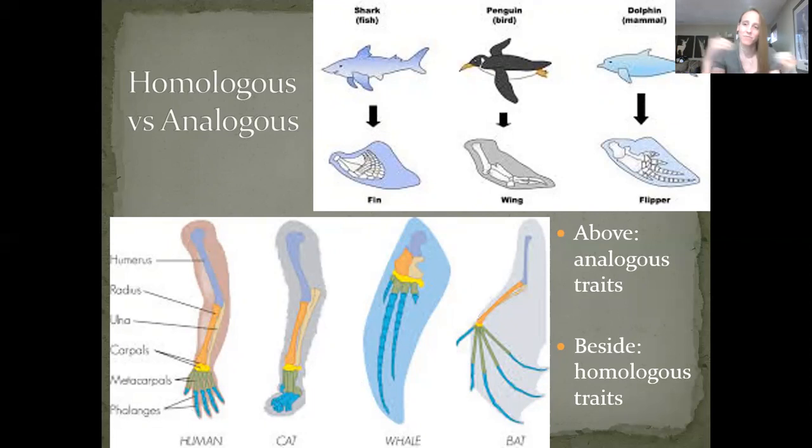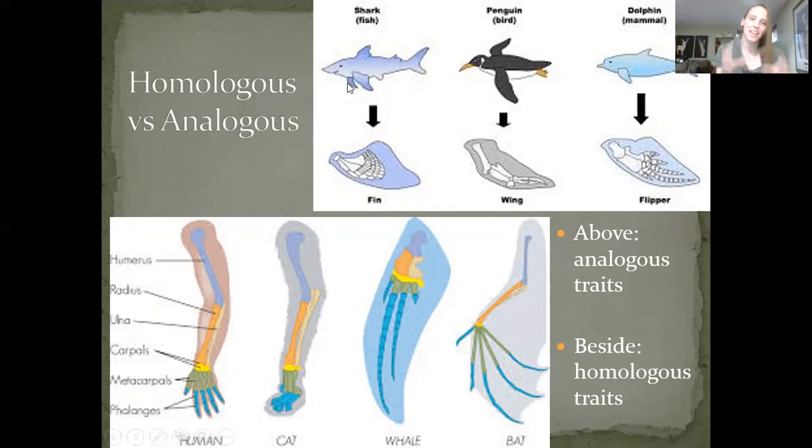They're just kind of elongated or shrunk. But obviously these all function very differently. One's an arm, one's a leg, one's a fin, one's a wing. But all of these, humans, cats, whales, and bats, are all mammals. So they are all related. So homologous traits are related, might not look related. Analogous traits are not related, even though they might seem like they are.